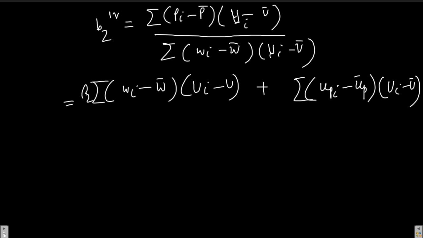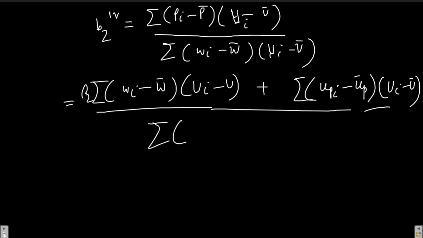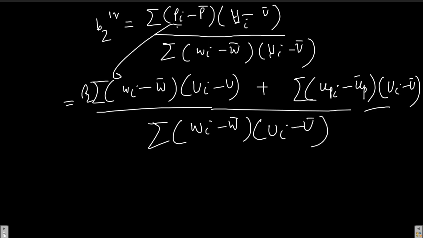In both cases I'm going to have this denominator, the summation of wi minus w bar into ui minus u bar. Just note that I have substituted the equation for pi, cancelled out beta 1, and then taken beta 2 out of this summation.